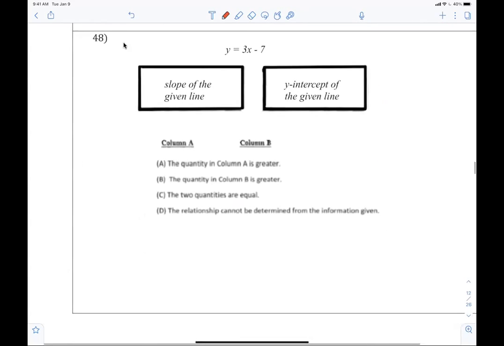Okay, 48, the slope of the given line or the y-intercept. What do we got here, guys? Is it A, B, C, or D? A, right? The y-intercept is 3, which is greater than -7.